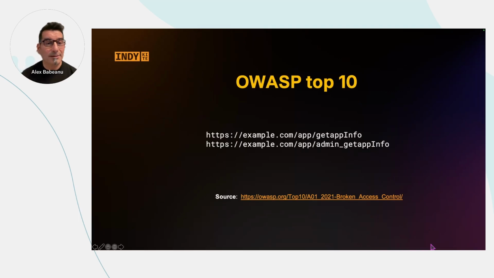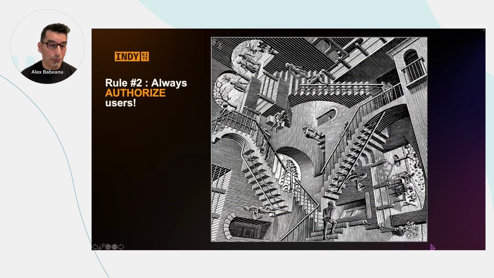The second rule, here's another example. These two URLs point to an admin page. Now, once your user is logged in, does that user have access to an admin page? In order to answer that question, you need the second rule, which is always authorize your users.